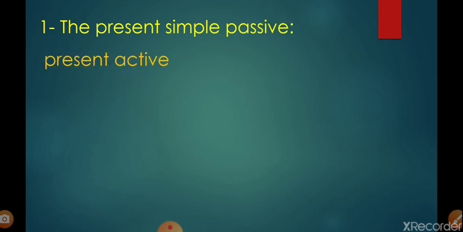My student, if we have a sentence in present simple active and we want to turn it into passive, we follow this simple rule, which is to put is or are plus verb 3. How can we do that? Let's see this example.